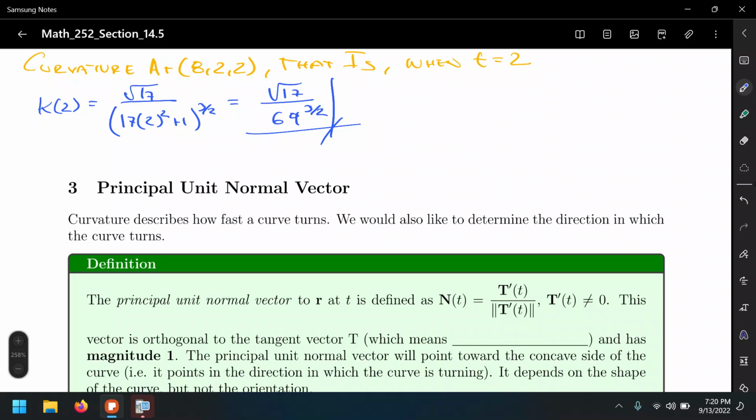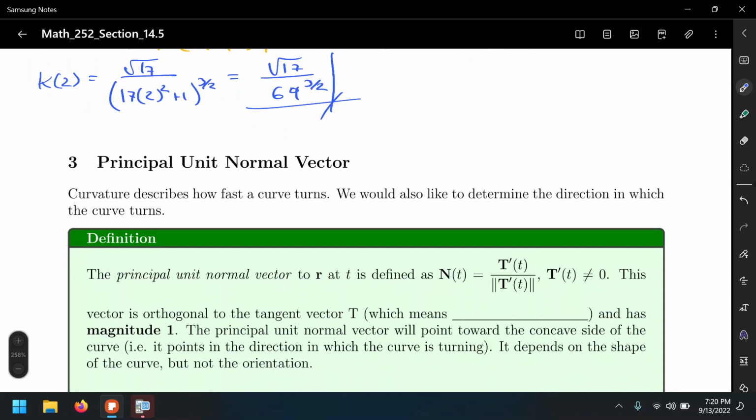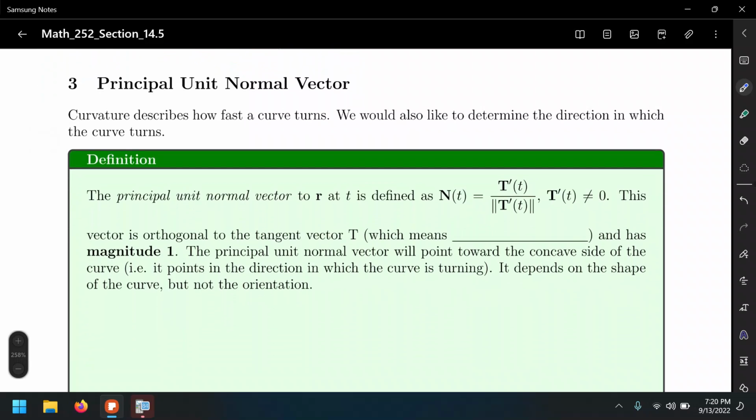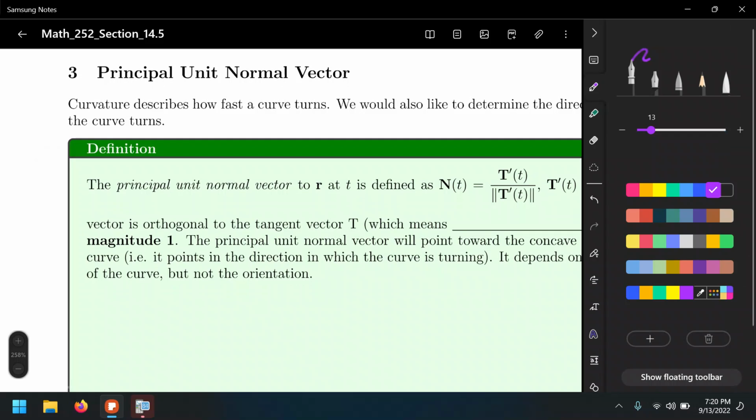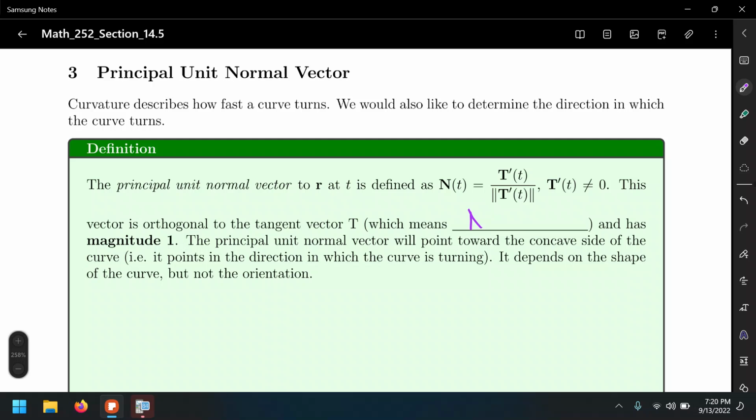It's the quotient of the derivative of the tangential divided by the magnitude of the derivative of the tangential, as long as that derivative is not 0. This vector is orthogonal to the tangent vector, that is, the normal vector dotted with the tangential vector equals 0. That's the condition for orthogonality between two vectors.